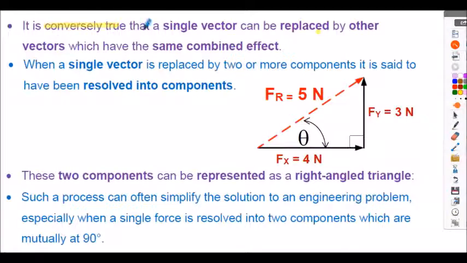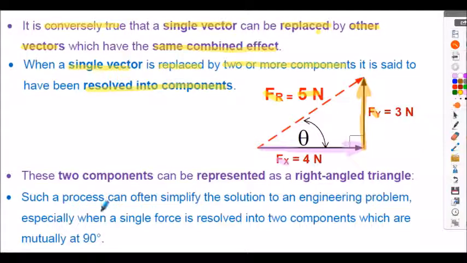Now, as an alternative, a single vector can be replaced by other vectors which have the same combined effect. When a single vector is replaced by 2 or more components, it is said to have been resolved into components. So in the little sketch here, if we were given a resultant force, I've labelled it as F suffix R, of 5 newtons, we could resolve this force into a horizontal component here, Fx, and a vertical component shown here, labelled Fy.